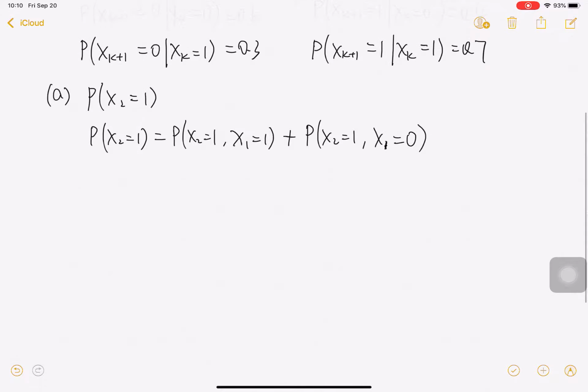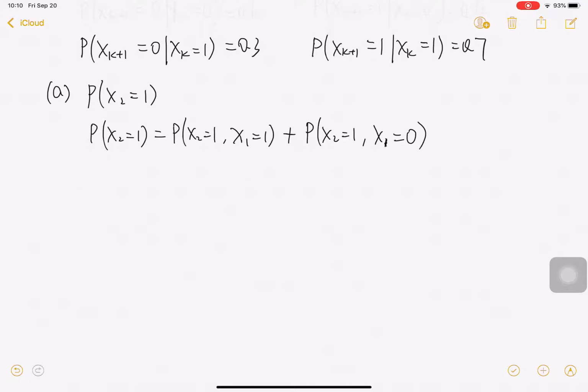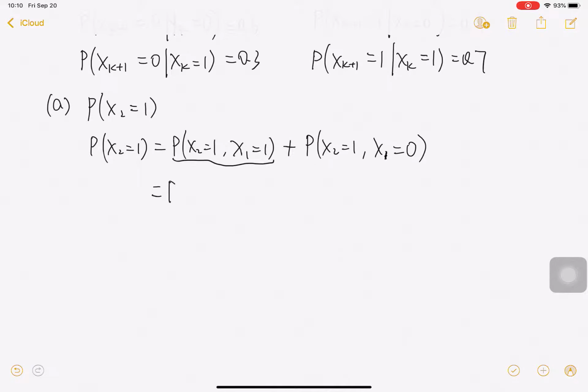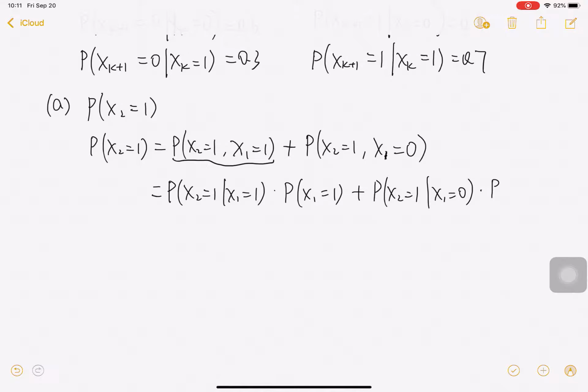With the conditional probability equation, we can turn this into the conditional probabilities we have: x2 equals 1 given x1 equals 1 times p of x1 equals 1, plus x2 equals 1 given x1 equals 0 times p of x1 equals 0.